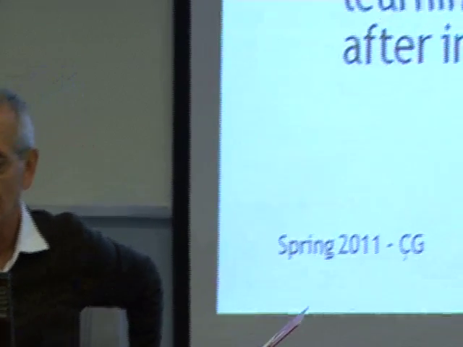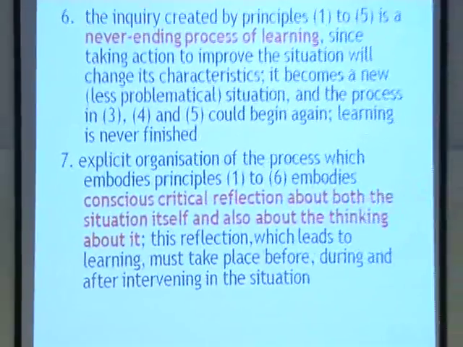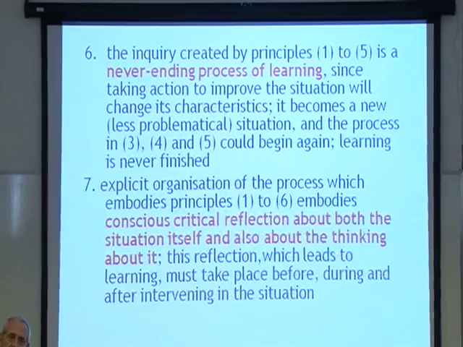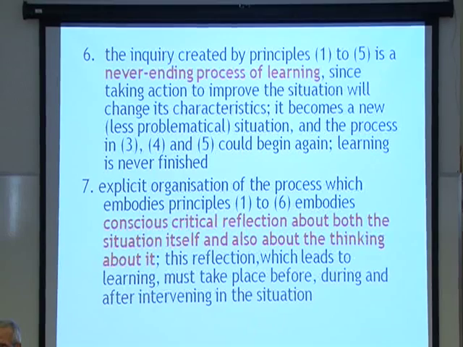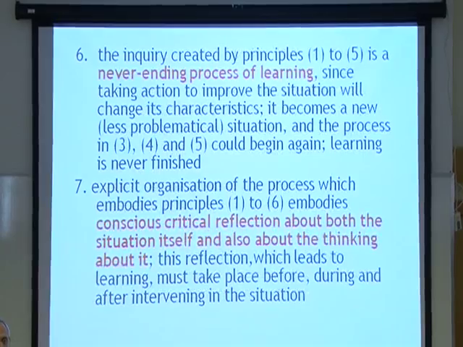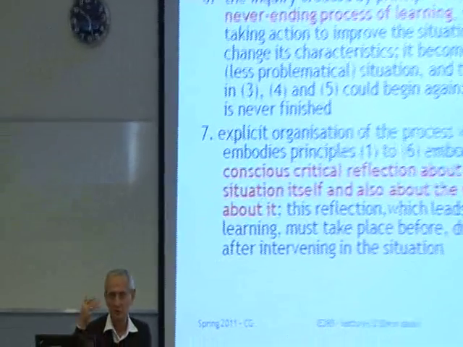Principle number 7, explicit organization of the process, which includes these principles 1 to 6, embodies a conscious, critical reflection about both the situation itself and also about the thinking about it. This principle number 7 is new in our lectures. It says that there's a 7th principle, and this is that we should reflect, to think critically about what we're doing.